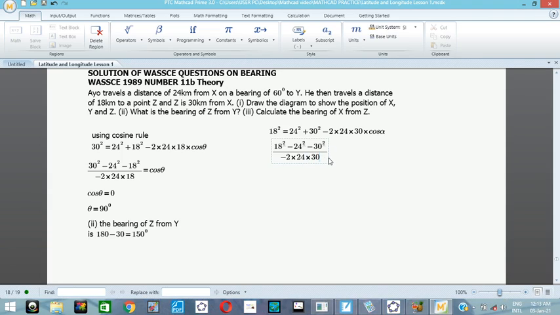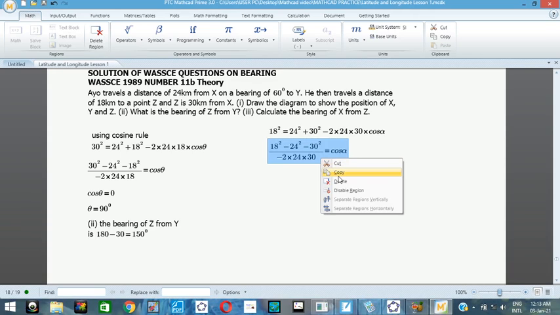So this result is going to be equals to cos alpha. So let me simplify this and see my results. Let me copy it and solve it fast.